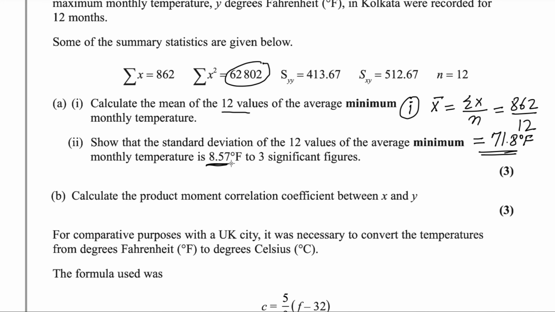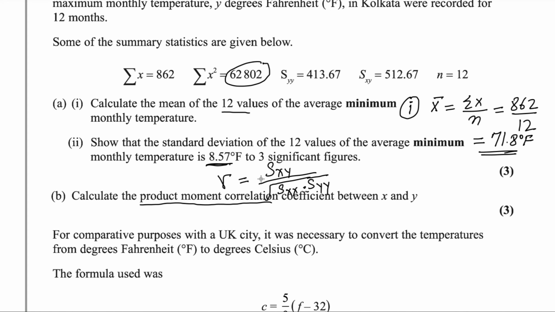We proved this one. Now for part B, calculate the product moment correlation coefficient between x and y. The product moment correlation coefficient is represented by r. You should know the formula for r first of all. That is Sxy divided by the square root of Sxx multiplied by Syy.